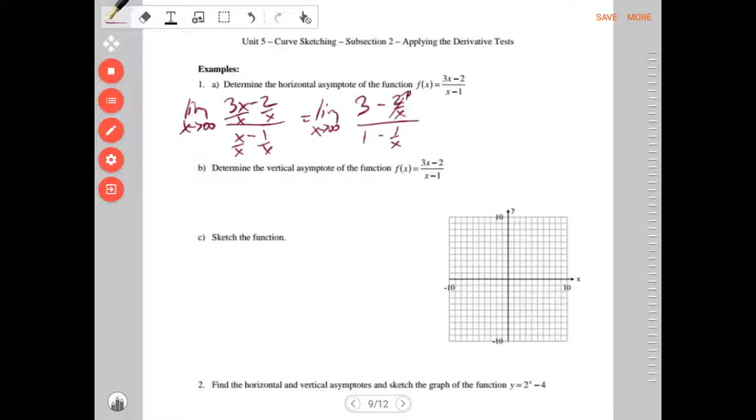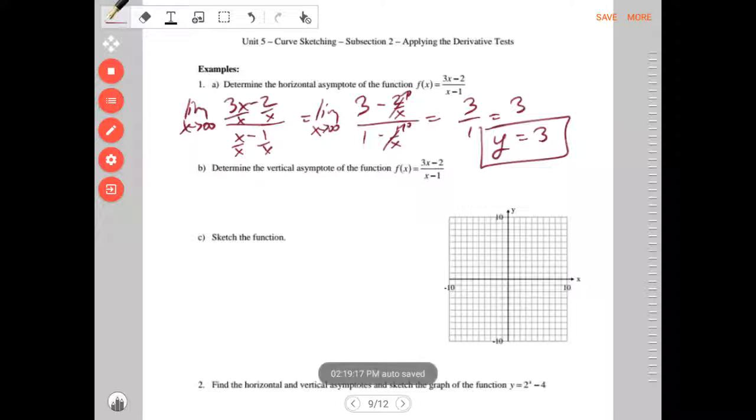Those parts equal 0, and we end up with 3 over 1, or just 3. So that's the limit, and the equation of the asymptote is y equals 3. I guess we could say horizontal asymptote at y equals 3. Terrible at sign, but you get the idea.